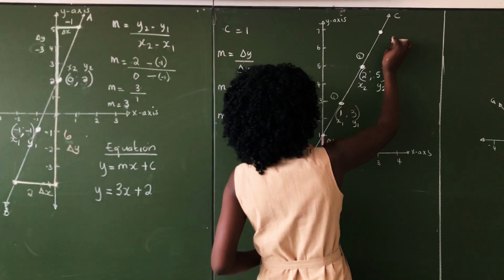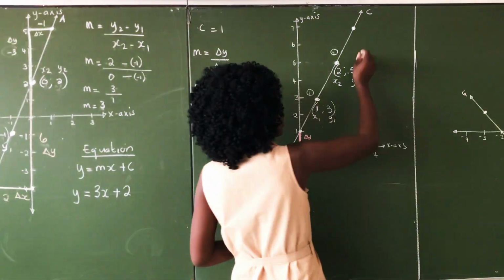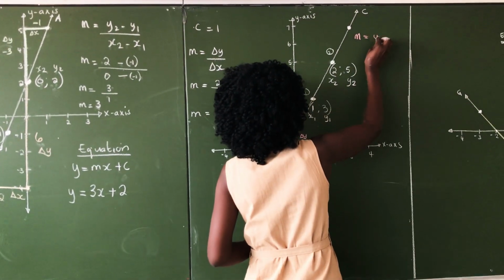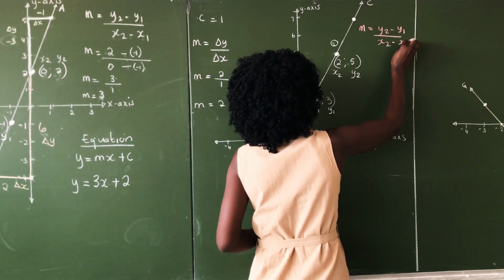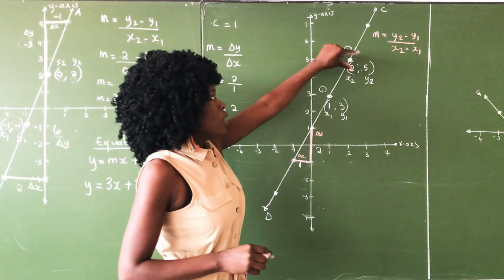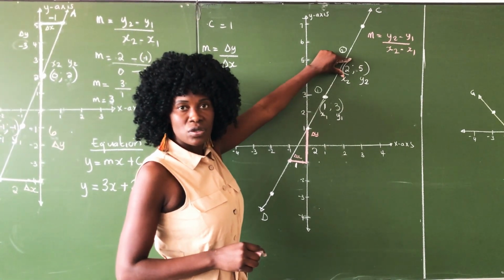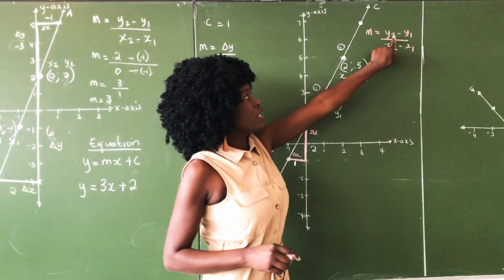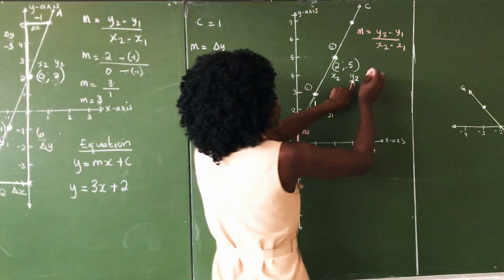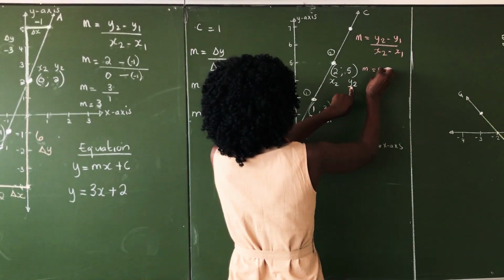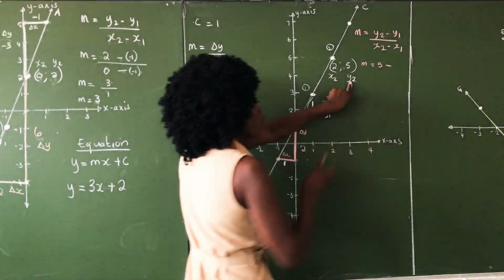The method we have decided to use is y2 minus y1 over x2 minus x1. Go back to the ordered pairs that you chose. Which one represents your y2? y2 is positive 5, so you write 5 minus y1.